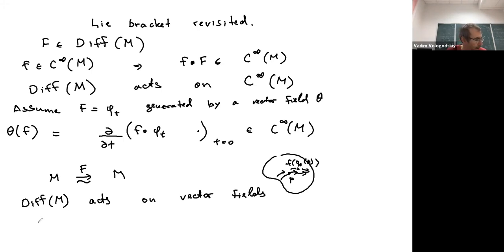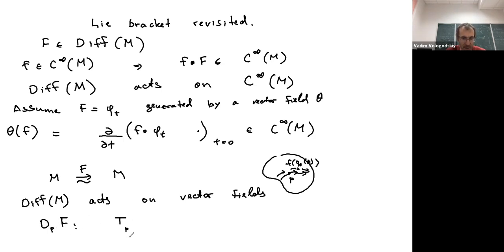If I have such f, then I can look at its derivative, say at point P. The derivative of f is a map from the tangent space at P. By the way, I think the Russian name for this object is differential, and I'm used to calling it the differential, the map on the tangent spaces.